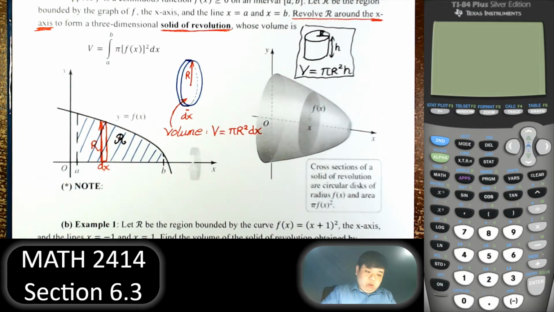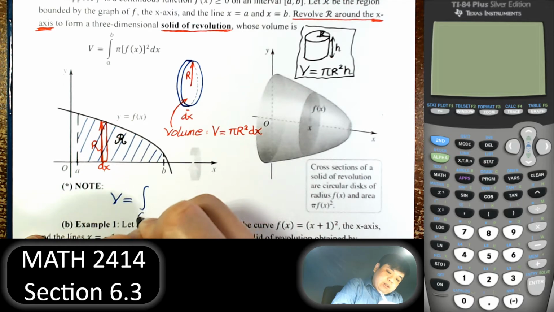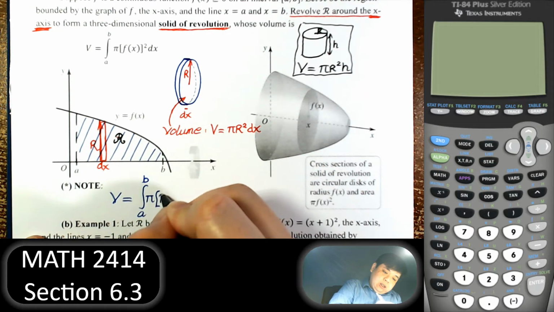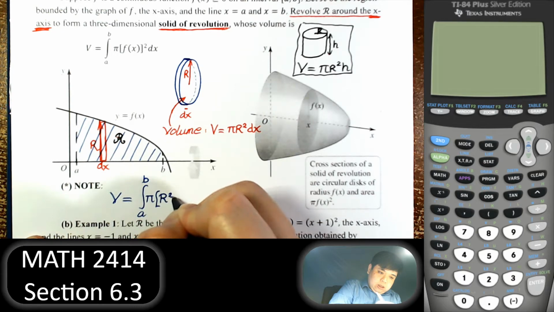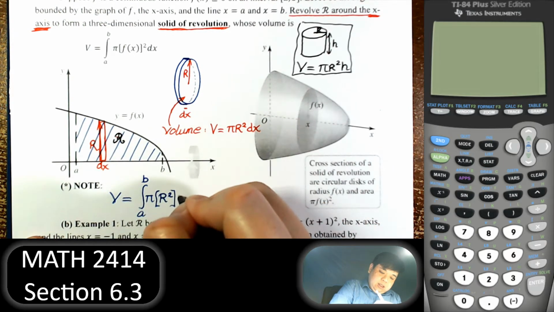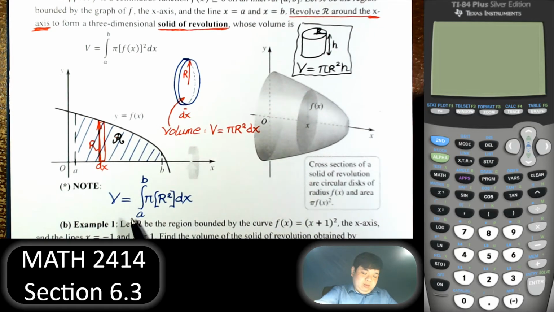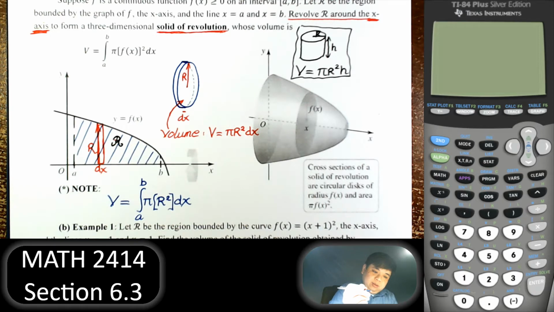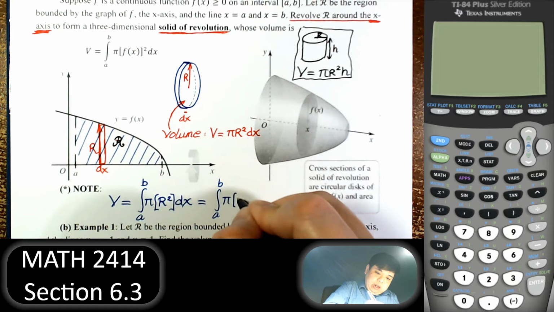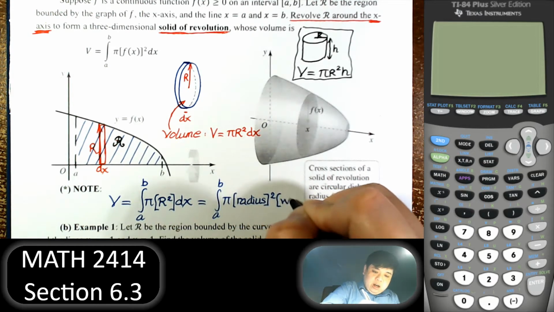In general, the volume will be, with limits from a to b, pi times the radius squared times the width of the disk.